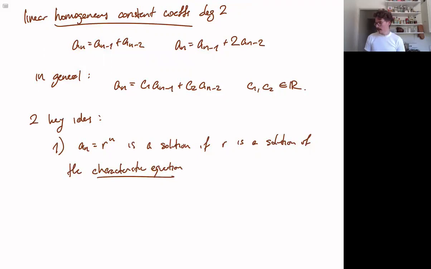which is gotten by taking the recurrence relation and replacing a_n with r^n. So essentially making this swap. And then we reduce down the extra powers of r. So in this case, we will get r squared minus c1 r minus c2 equals 0. I'm going to put it all on one side also.